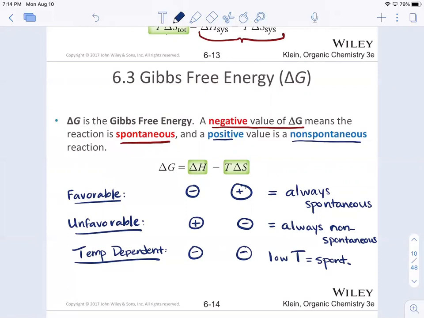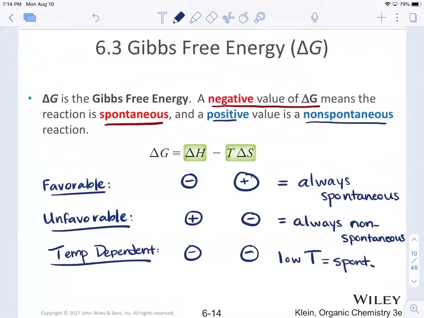So we want to try to make that unfavorable aspect as low as possible. If enthalpy is positive, which is unfavorable, and entropy, delta S, is positive, which is favorable, we try to boost that favorable entropy. So at high temperatures, we would be spontaneous. We'll play with these a little bit in class, but again, calculations are not super important for us. Just understanding the concepts and being able to relate those concepts to a specific reaction are extremely important for us.